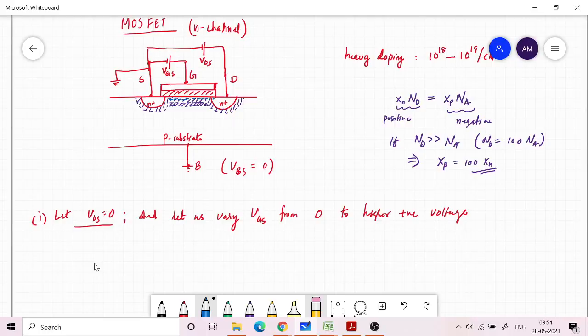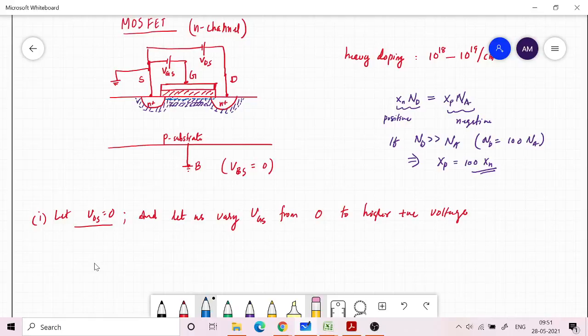There is a channel that gets created at the interface. Just underneath the oxide we will have a layer of electrons, and the concentration of those electrons is going to become larger than the concentration of Na, which is the acceptor impurity concentration. That is what we call strong inversion.